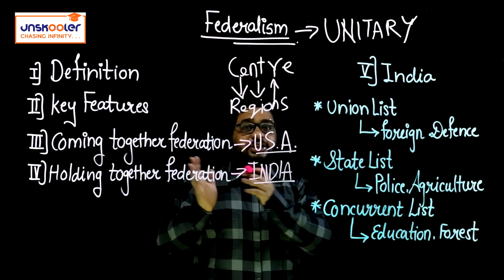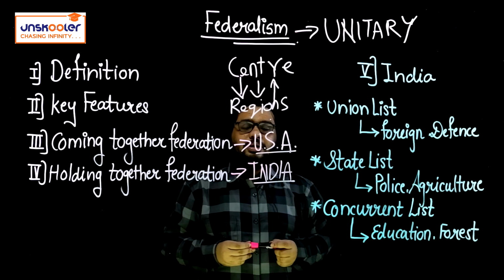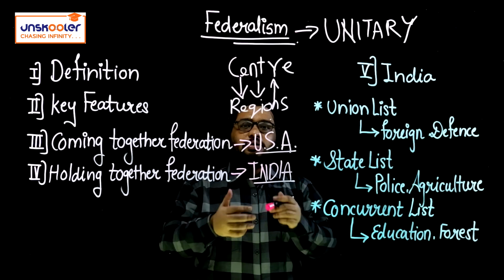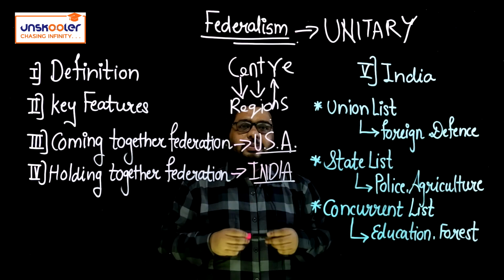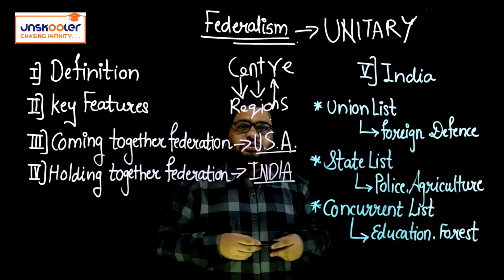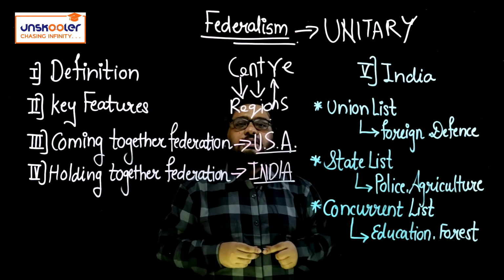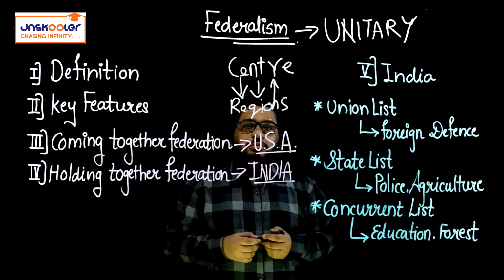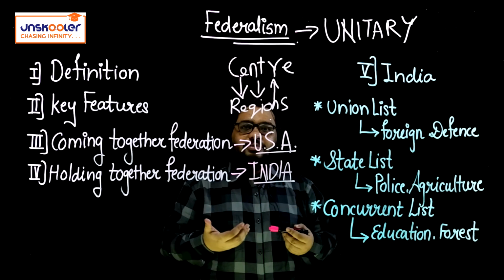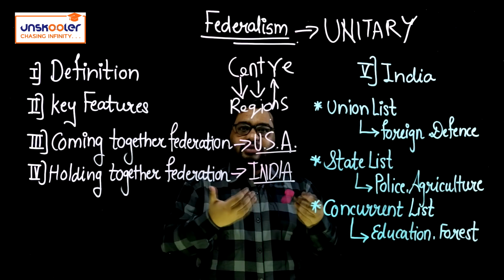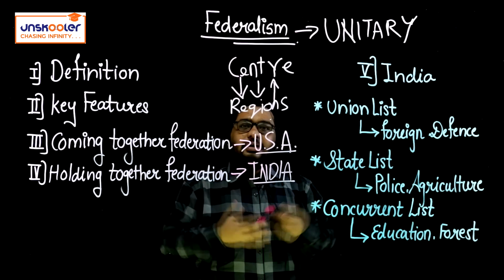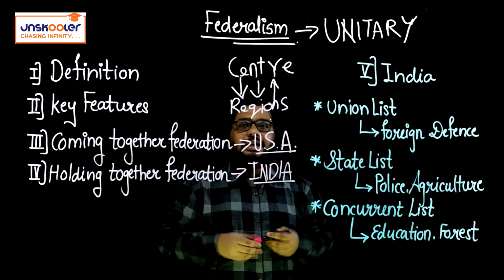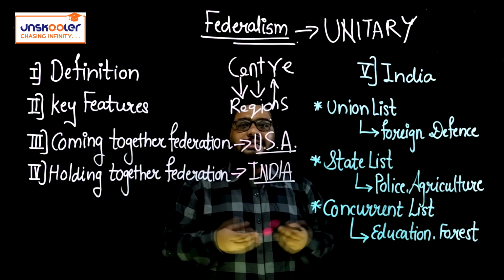As I mentioned earlier, if students would remember, I was talking about defined powers in the constitution. When the constitution was ratified in 1950, the founding fathers made sure that despite it being a unitary in spirit kind of government, because it had so much diversity, like for example in India, each region or each state is almost a country.